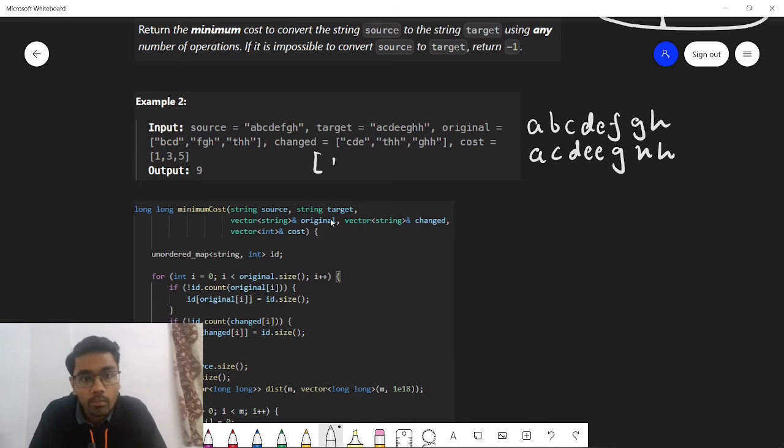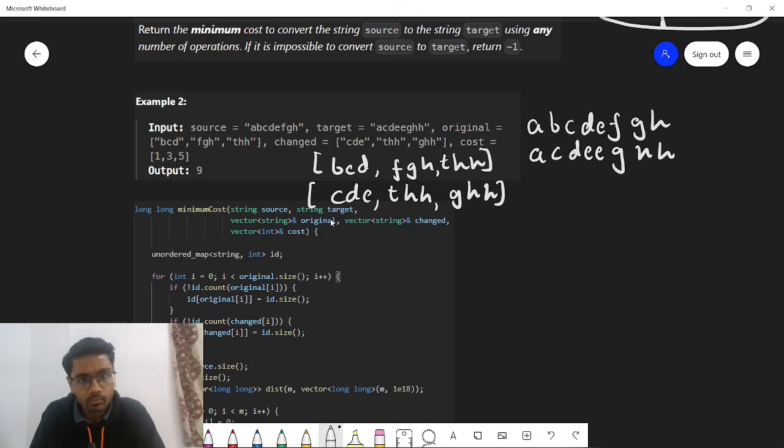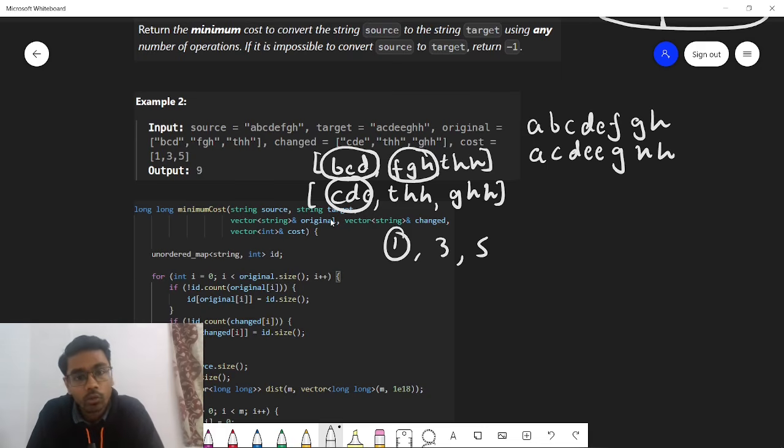This is the original array: B, C, D, F, G, H and T, H, H, and the changed array looks like this: C, D, E, T, H, H and G, H, H, and their corresponding costs are 1, 3 and 5. That means if you choose the substring BCD from the source, it is present in the original array at this position, so you can convert BCD to CDE with a cost of 1. If you choose the substring FGH, you can convert it to THH with a cost of 3.